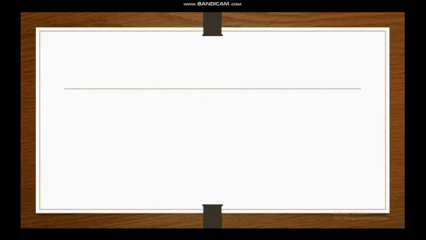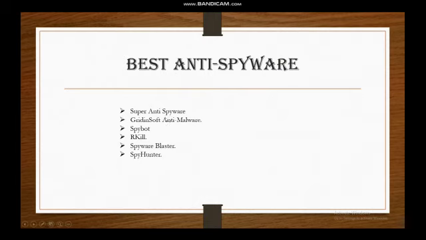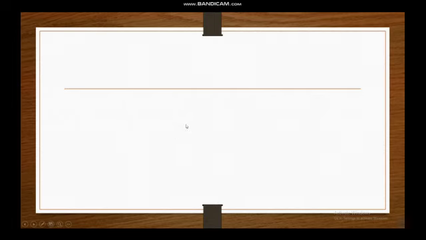Some commonly used anti-spyware softwares are Super Anti-Spyware, Spybot, Ad-Aware, Spyware Blaster, Spy Hunter. These anti-spyware softwares are available in the market on CDs, or you can download them from the internet, but try to download from a reliable source.